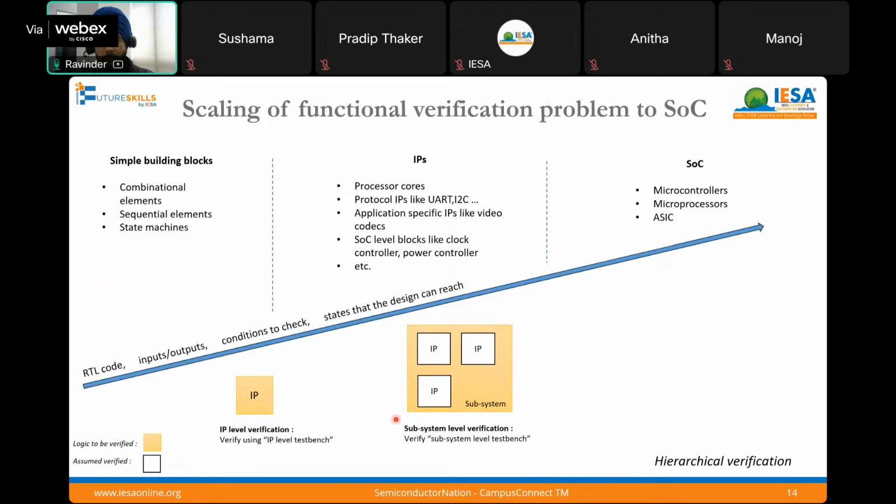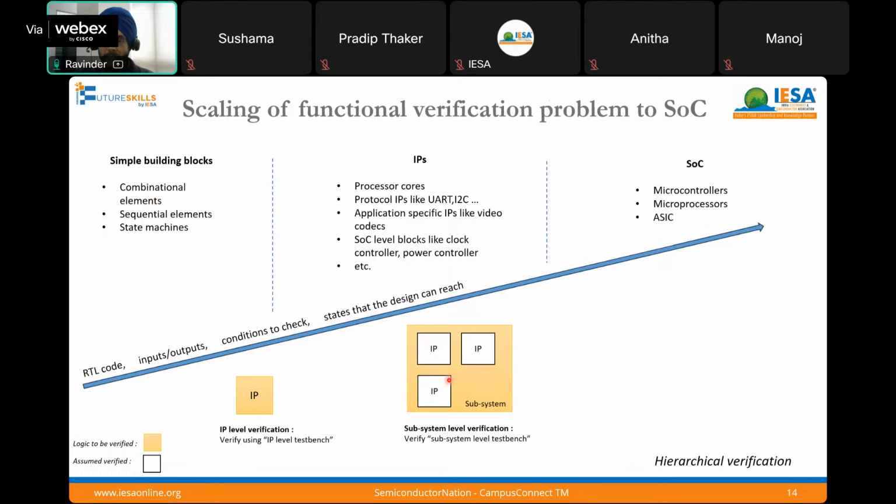Now the subsystem. Sometimes we club together IPs which are related to a particular functionality. Let's say it's a camera and display. The camera interface, display interface and video stream processing IPs we would club together into a subsystem. This subsystem is now to be verified with a subsystem level test bench.